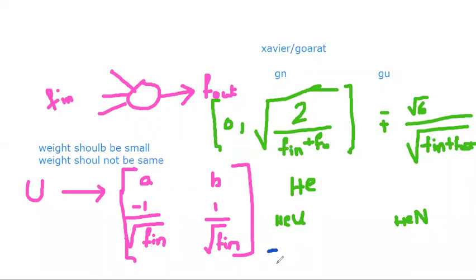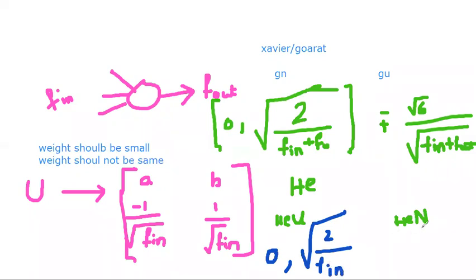If you consider He normal distribution, a normal distribution always starts with 0 only. So it will lie in the range of 0 to under root of 2 by fan in. If you want to update the weights, this is the formula for the He normal method: 2 by under root of fan in.